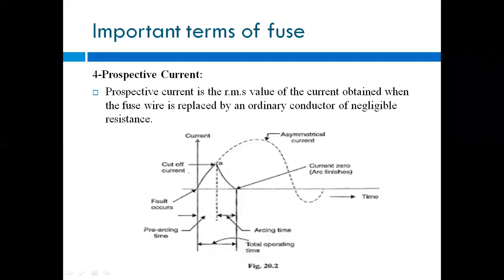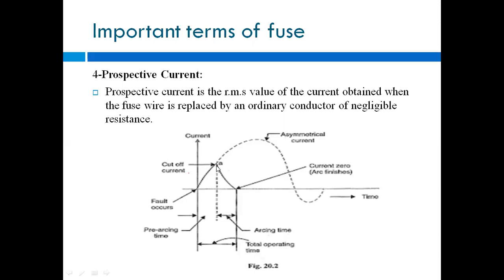At point A is the cutoff current, the maximum current flowing through that fuse, and the fuse is blown. After that your current decreases, which means your arc has started. So arc is not completely produced in the pre-arcing time, but it has started.